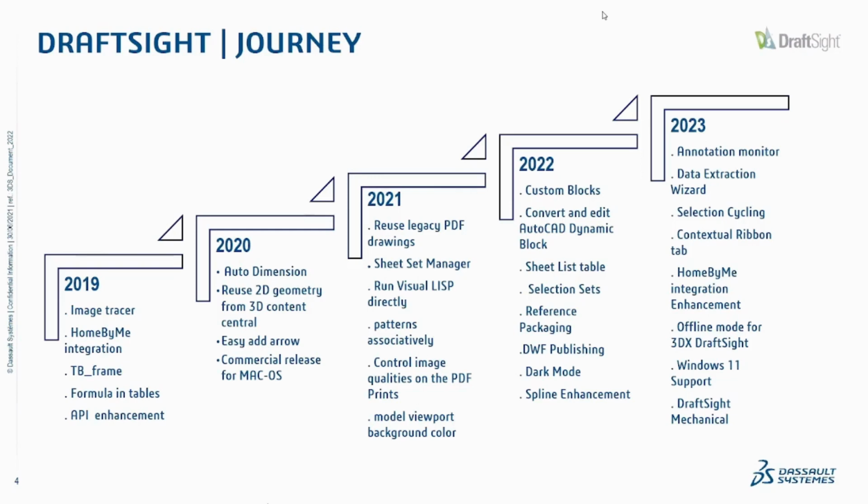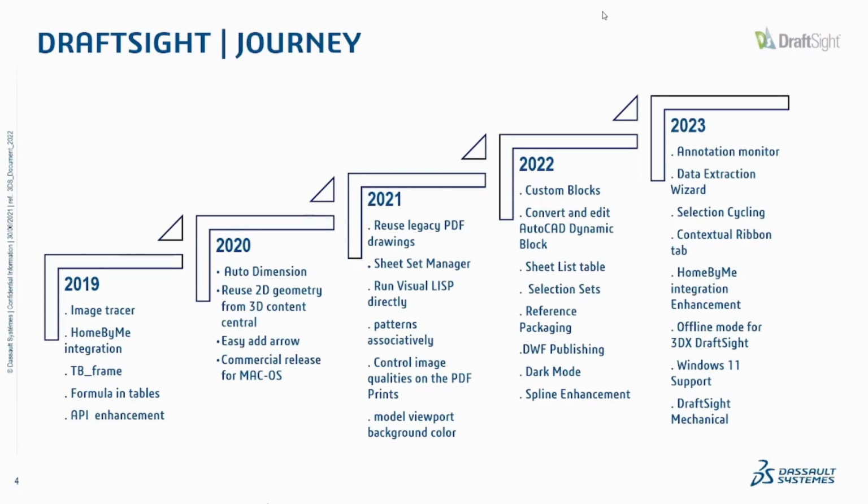Every year we added functionalities which gave our users a better experience. For example, custom blocks not only helped users automate blocks and configure them as they want, but also helped to modify the dynamic blocks that were in their legacy drawings.